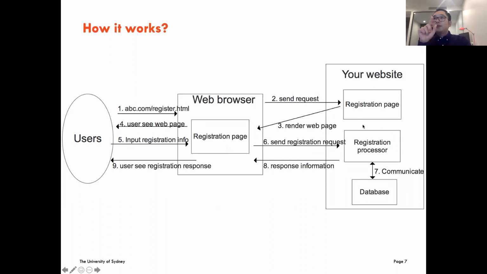The registration processor is the piece of code that connects with the database. We also showed how to connect with the database using a piece of code, and ask the database to store all the information we get from the user. And then as a response, we send a piece of text to the user to let them know that you have been successfully registered.